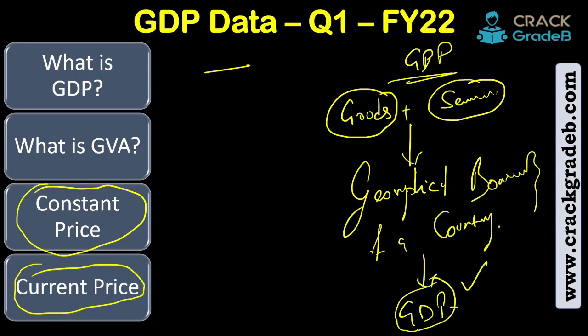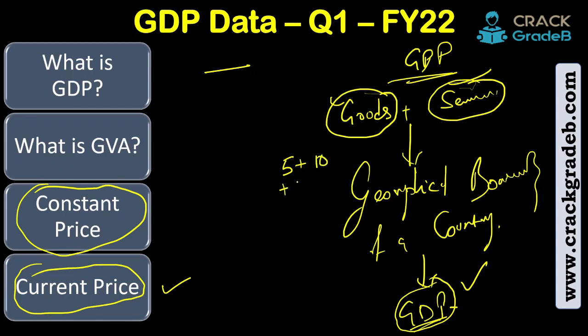If we calculate the market value of all goods and services, we will calculate the GDP at current price. By the name itself, it is clear. If we are calculating the value at the current market price, abhi jo price hai, let's say a Parle-G that is costing 5 rupees in the market, we are adding that 5 rupees as a good. Let's say a train ticket costs 10 rupees, so we are adding that 10 rupees.